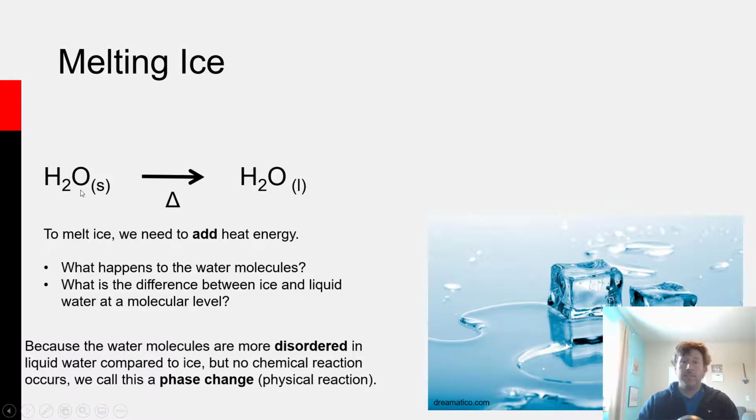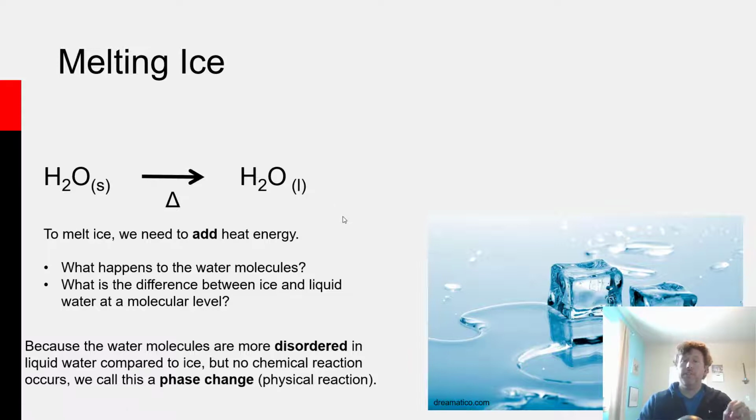All that happens in this physical transformation is that the particles that are the water molecules that were packed tightly together in the solid are a little bit more loosely packed or in a different arrangement in the liquid. And so we're concerned in this chapter for when we put in a small amount of heat energy to push through a phase transition, a solid melting to form a liquid, what's the difference between this solid water ice and this liquid water at a molecular level?